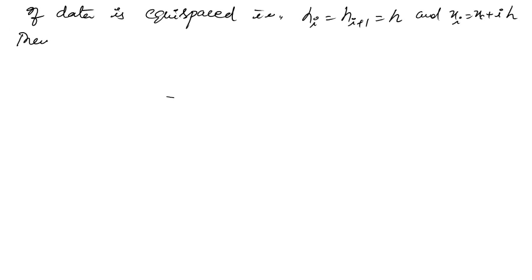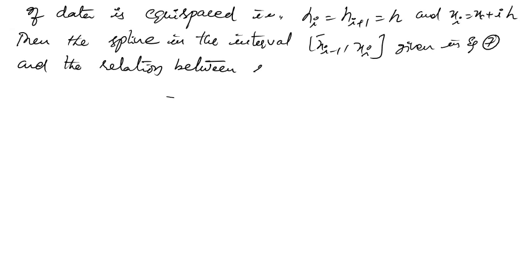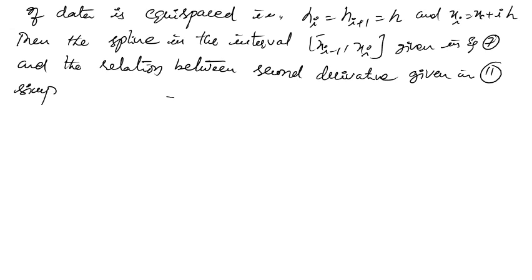Okay, then the spline in the interval x_{i-1} to x_i given in equation 7, and the relation between the second derivatives, that means the m's, given in 11, simplify as follows. This is for equispaced data cubic spline.